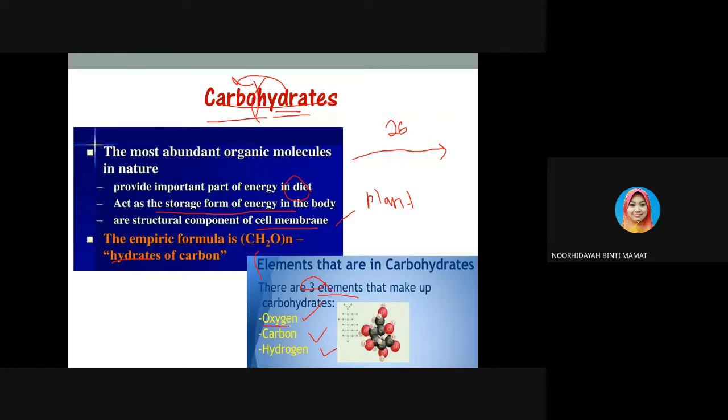This is what we call the empirical formula, CH2O: 1 carbon, 2 hydrogen, 1 oxygen. This is what we call the organic molecule of carbohydrates. You must remember, an organic molecule is any molecule that contains carbon. If a molecule has carbon, it is an organic molecule.